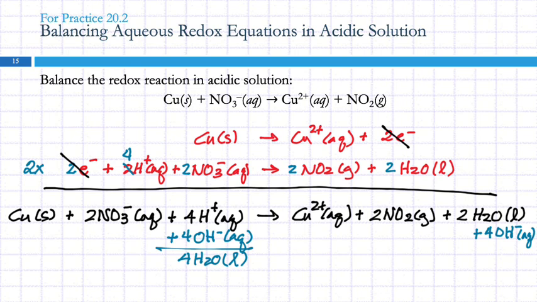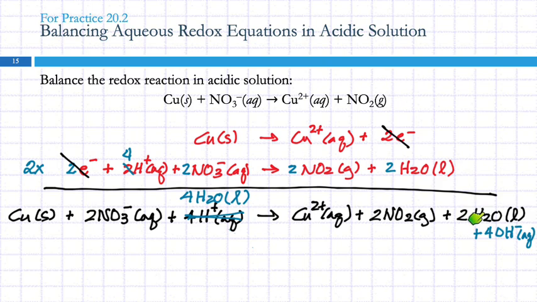So what I'm going to do, because I need this space down here, is I'm just going to move that up there. And cross this out. This is balanced now in basic solution, but we've got water on both sides.